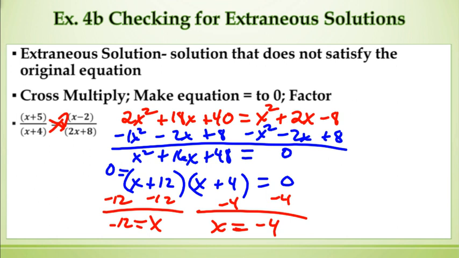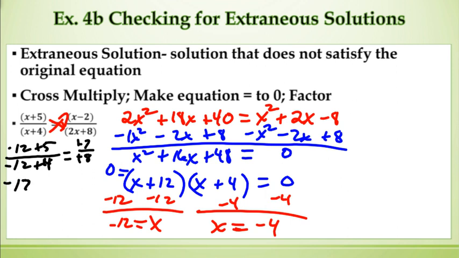If I put a negative 12 plus 5 over negative 12 plus 4, that would give you a negative 7 over a negative 8, which is just a positive 7/8.